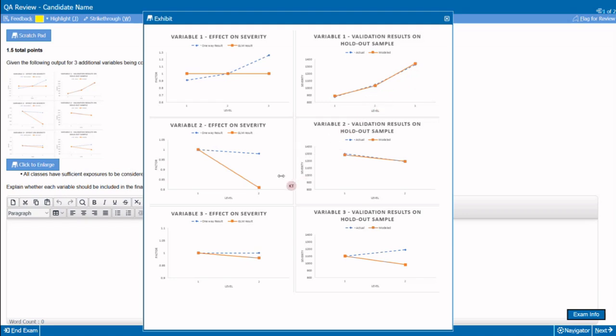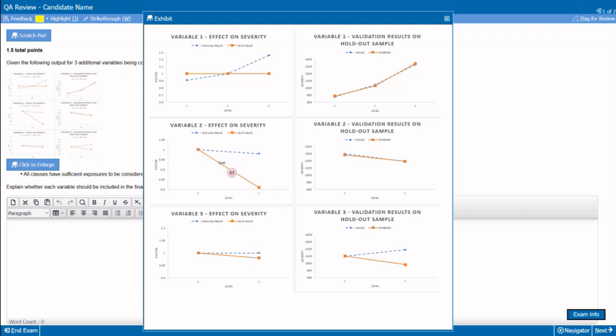Going to variable 2, I like that I can see that the GLM result shows the same directionality as the one-way result. Both of the lines show a decreased factor for level 2. This might be a little bit lower than what the one-way result shows because maybe there's correlation with another variable that the one-way result can't quite capture.